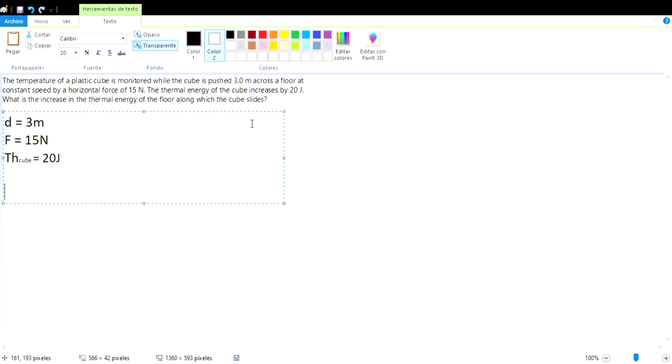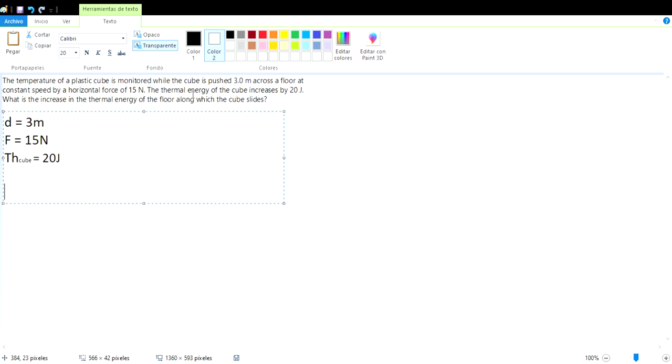From there, we can use a formula to express the work, because here we're talking about the thermal energy of a moving cube, and that means that work is done.